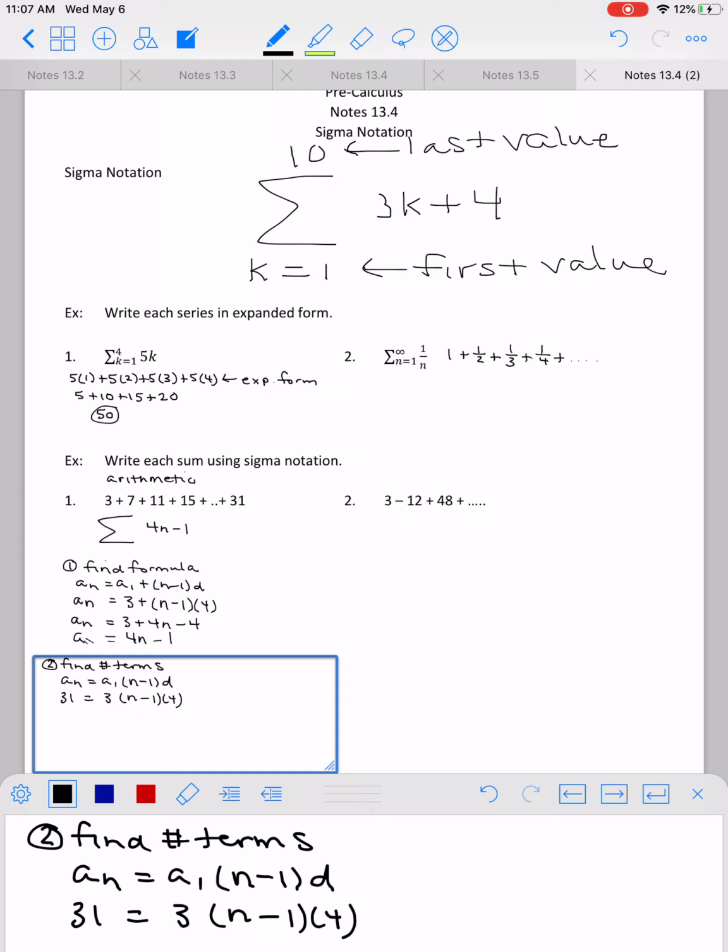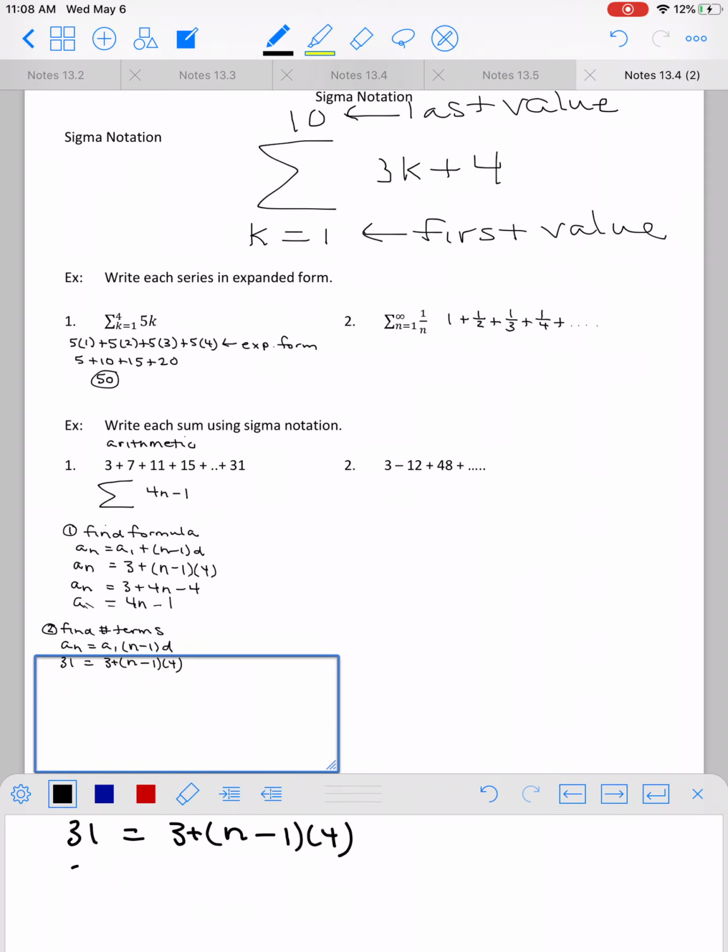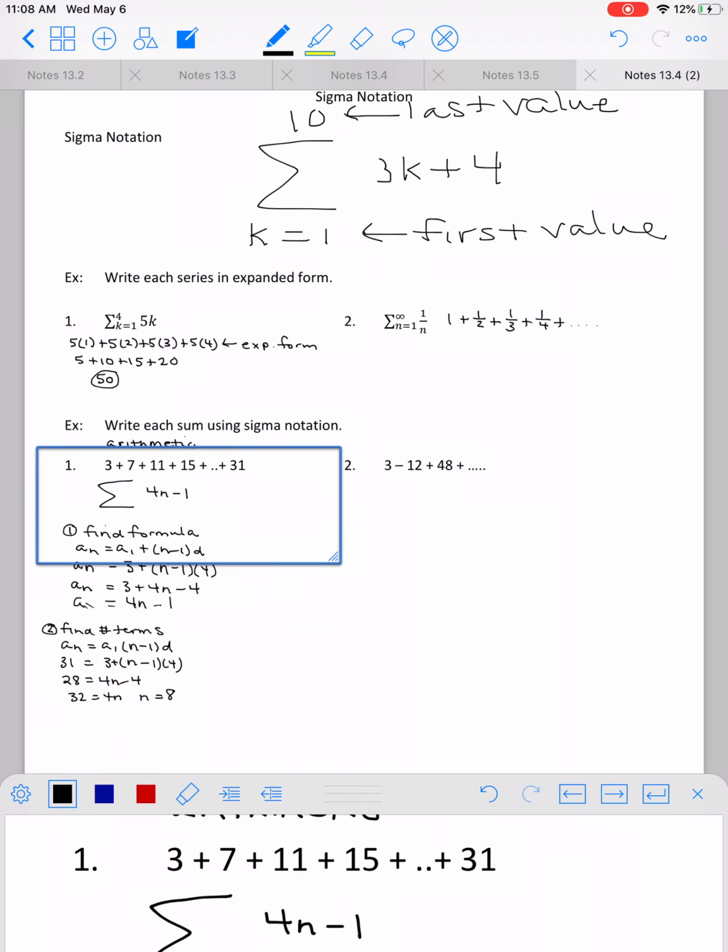Now all we have to do is simplify. And there's a plus in there. Okay, so if I subtract the 3, I get 28 equals 4n minus 4. I get 32 equals 4n. And so my n is 8. So that means the top of my sigma is an 8.